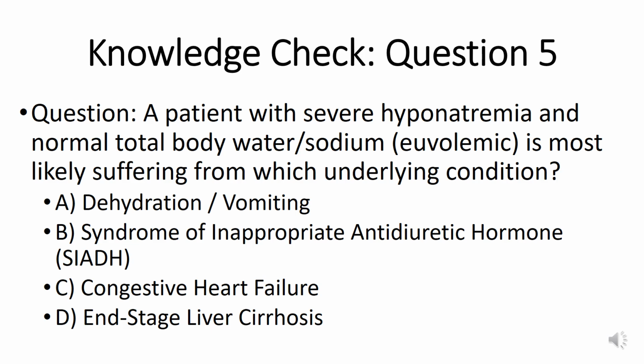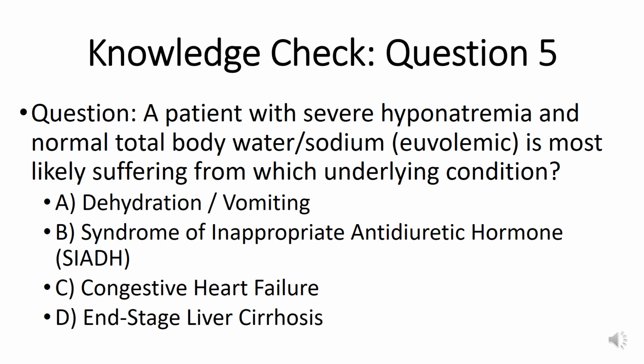In syndrome of inappropriate antidiuretic hormone, excessive amounts of antidiuretic hormone, also called ADH, are released despite normal or low plasma osmolality. Antidiuretic hormone acts on the kidneys and promotes water reabsorption. As more water is retained, the sodium already present in the body becomes diluted.